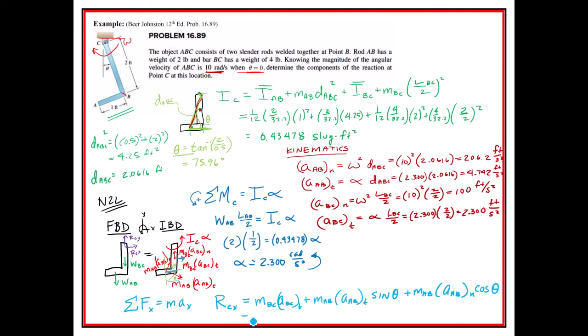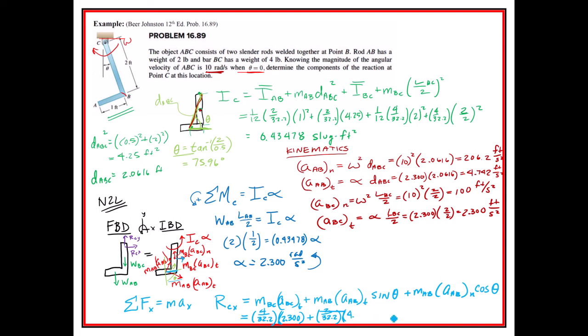So we're going to plug some numbers in here. For the mass of BC, that's the big one, right? So that's going to be 4 pounds divided by 32.2. And BC tangent is 2.300, right? And then we have mass of AB, which is going to be 2 divided by 32.2. And the acceleration of AB in the tangential direction is 4.742.